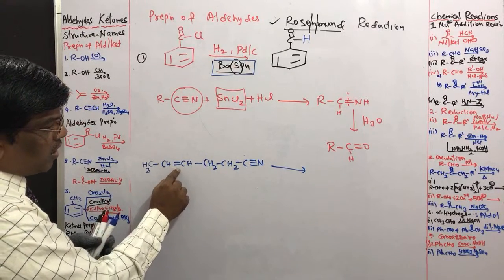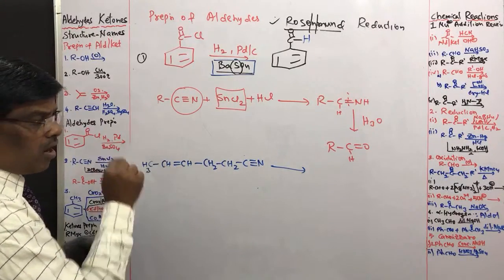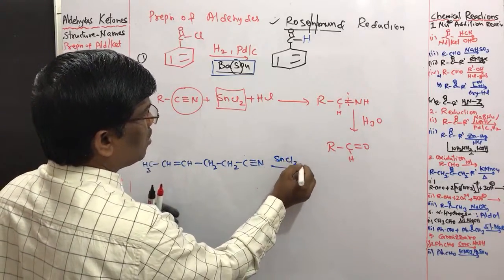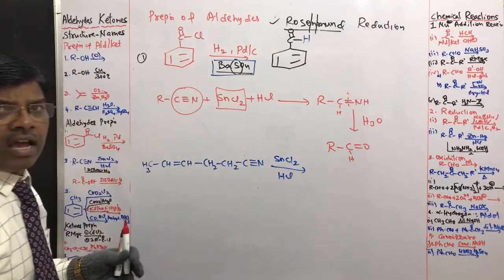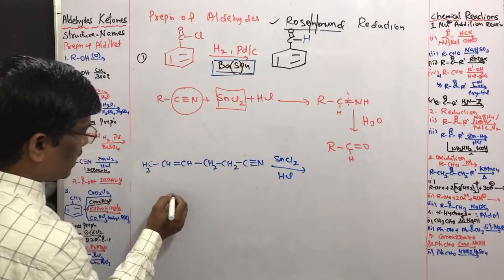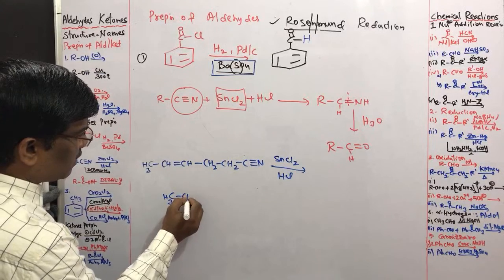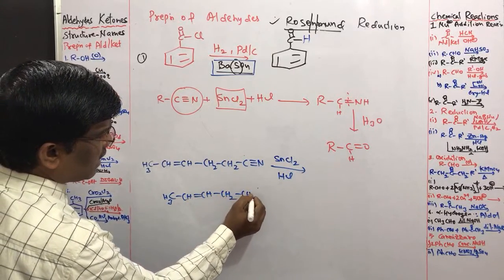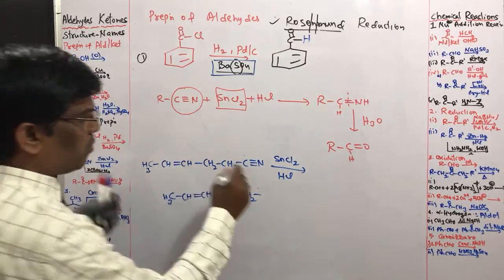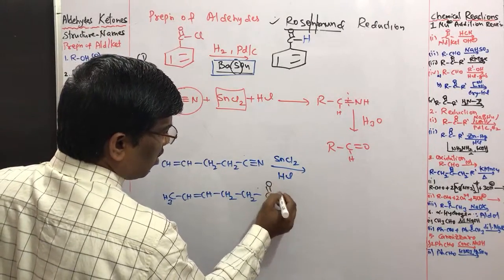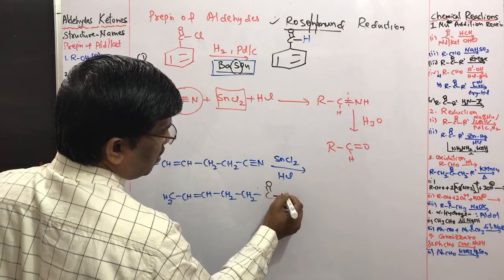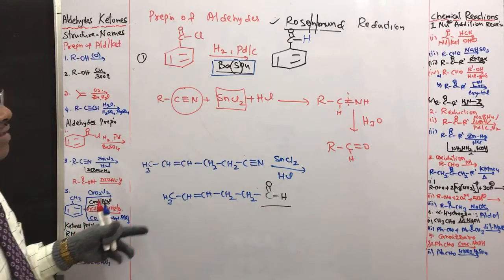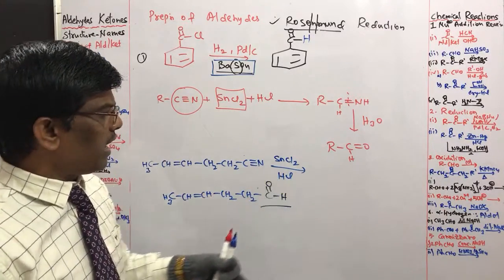This double bond is going to reduce to single bond. However, if I use this SnCl2 in presence of HCl, I am going to get exclusively aldehyde. This double bond is going to be intact, where nitrile is going to be reduced to aldehyde. So from nitriles, we can do preparation of aldehydes.